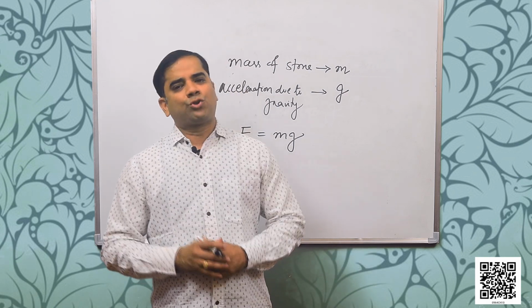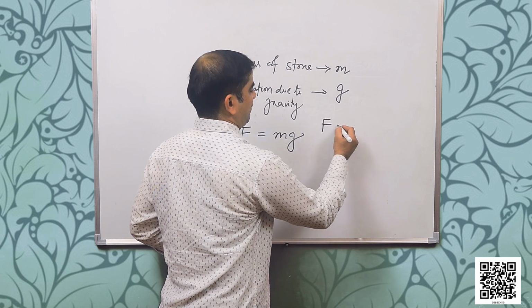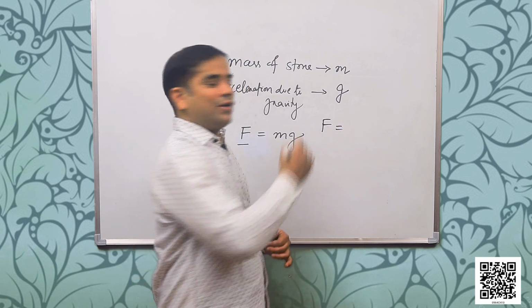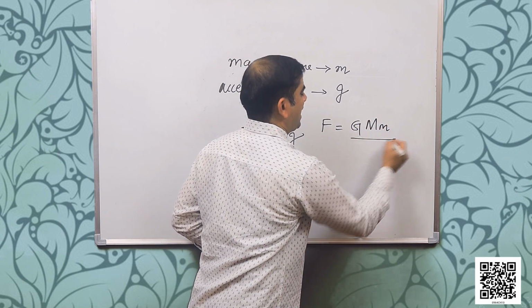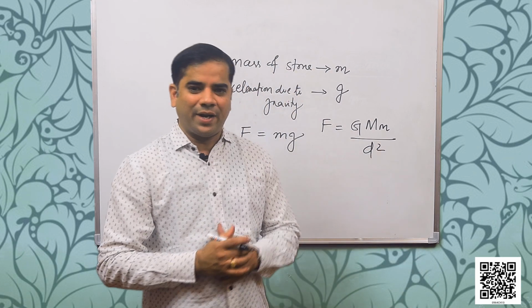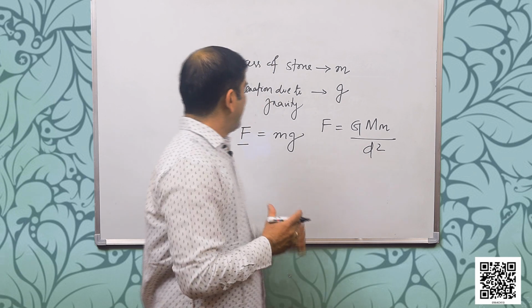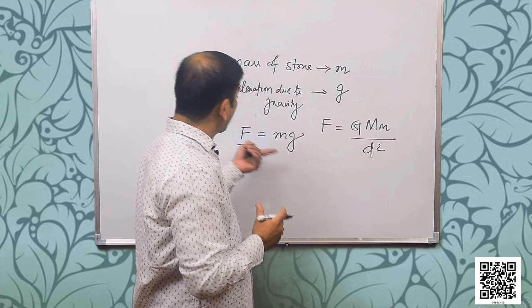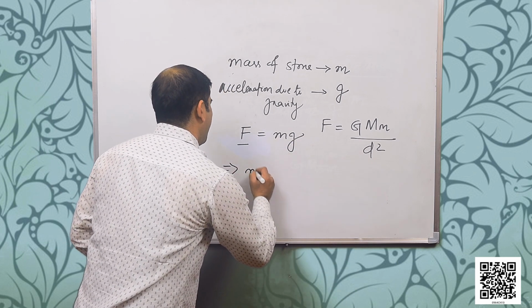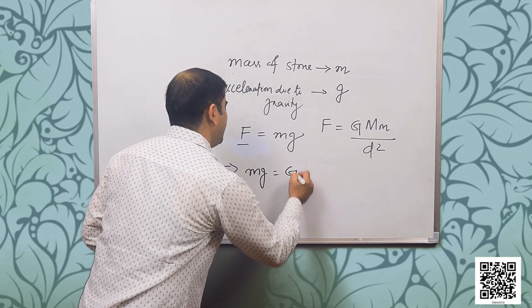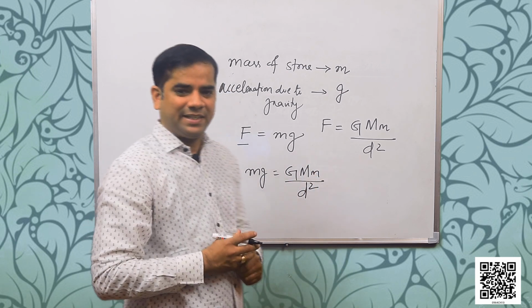Now students, we have already found out that F is equal to G m by d square. So, if I substitute the value of F which I have got from this equation over here, we will get mg is equal to G m by d square, isn't it?